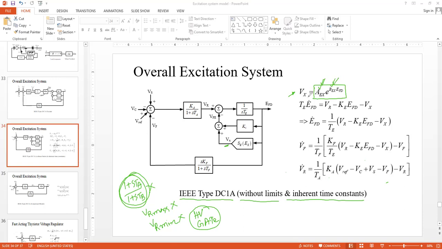So Vx is an exponential function of the field exciter voltage output, EFD. So this is Vx. And then we can simplify this block over here. You see we have VR, and these three blocks can be taken together.